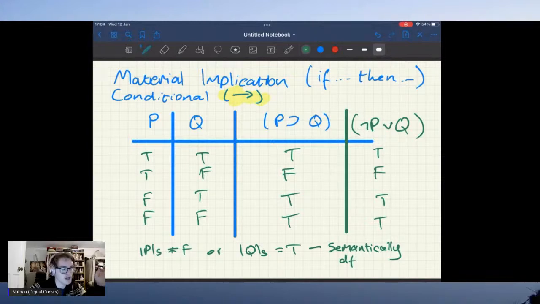There's this sort of perspective shift when you're doing logic that you need to make between whole propositions and the components of propositions. So try not to think about that one at the level of each of its constituent components, but think about that one as the whole. And that seems like a true whole proposition, right? If Oswald didn't shoot Kennedy, then somebody else did, because we've got the fact that Kennedy was shot. So somebody shot Kennedy, right?